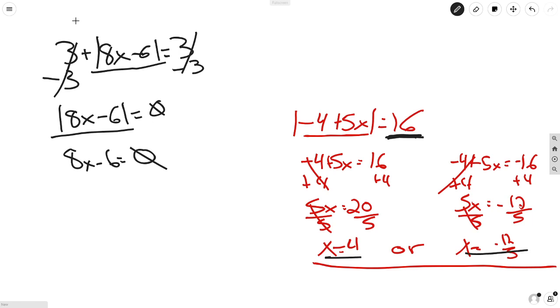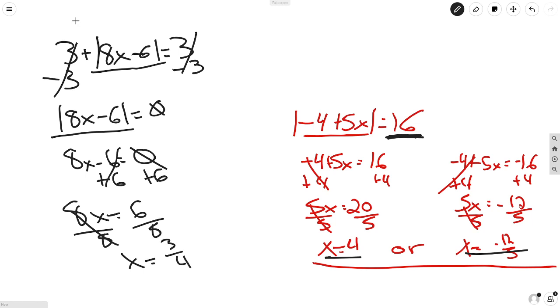When we have a 0, we're only going to have one answer. So we're going to solve this equation just like we normally would, and we get x equals, these are both divisible by 2, so x equals 3/4. We only get one answer. When we isolate the absolute value and it's equal to 0, we only have one solution.